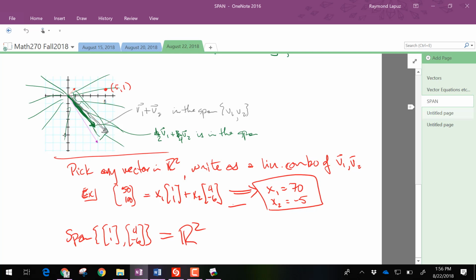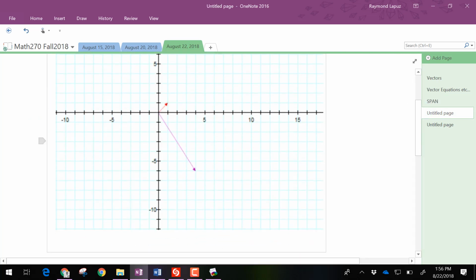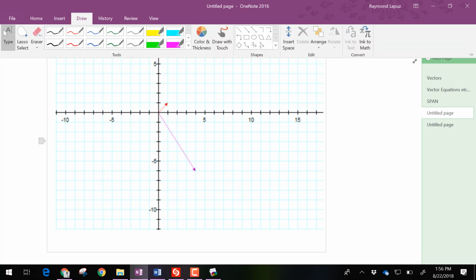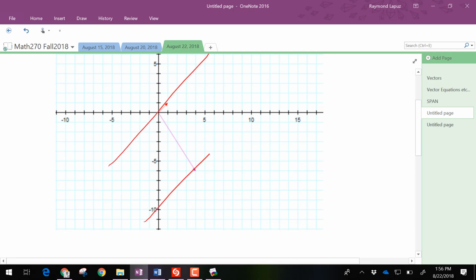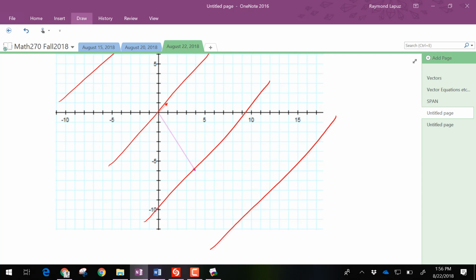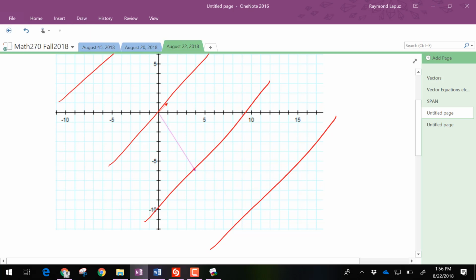Oh, I'm out of room already. Oh yeah, I'm sure there's an example in the book probably.